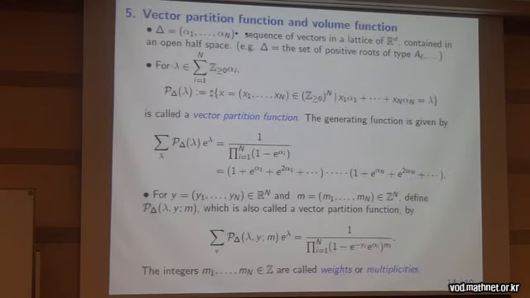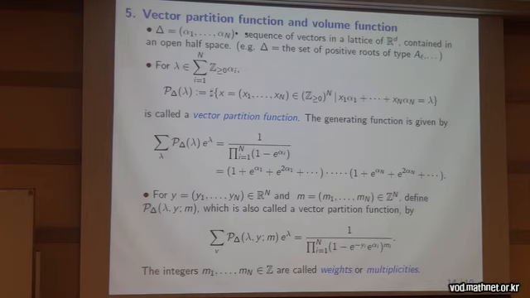Okay. So I have to explain the notion of vector partition function and volume function, but very quickly, let me explain that. So denote by delta a sequence of vectors in a lattice in R^D contained in an open half space. But anyway, the typical example is that delta is a set of positive roots of type AL or BL or some root system.